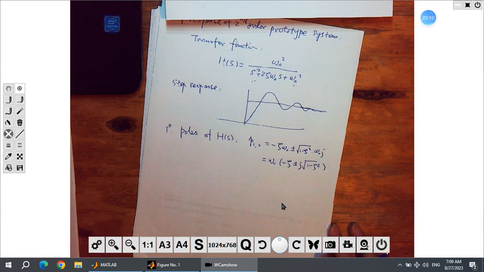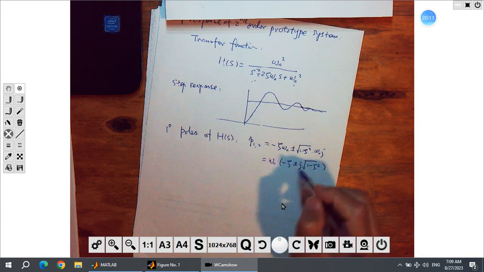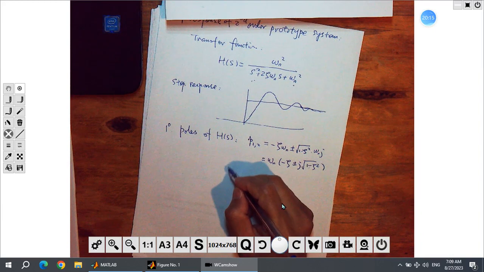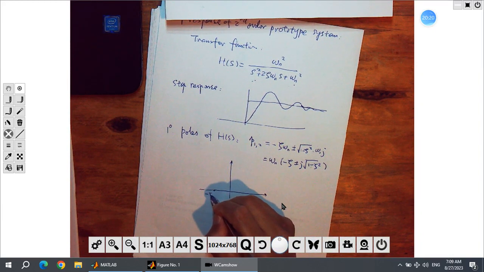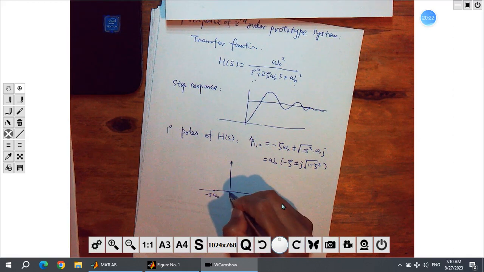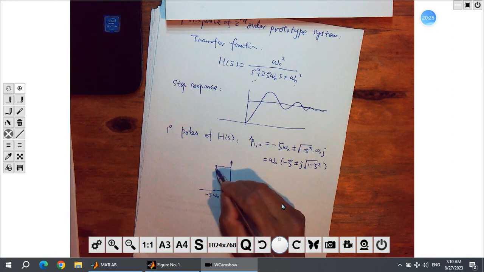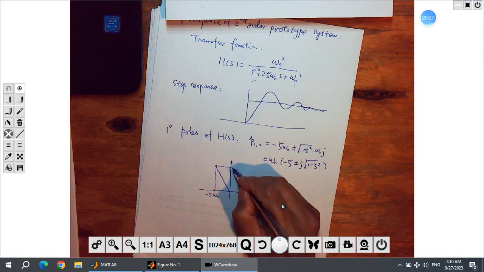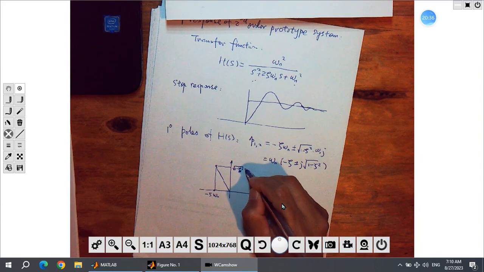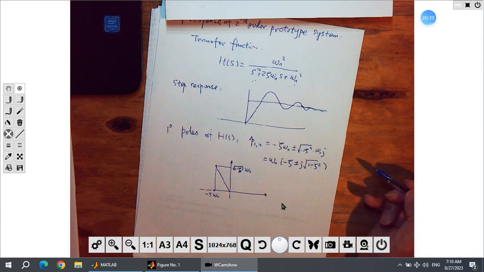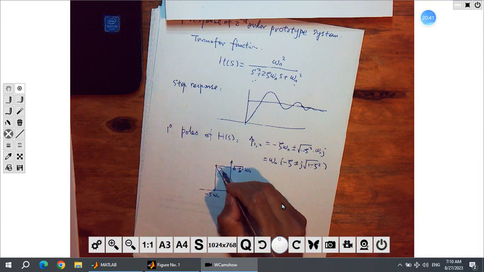And in the graph you can see, here's a negative zeta omega n, and here's the square root of 1 minus zeta squared times omega n. And the length of these will be omega n, right?